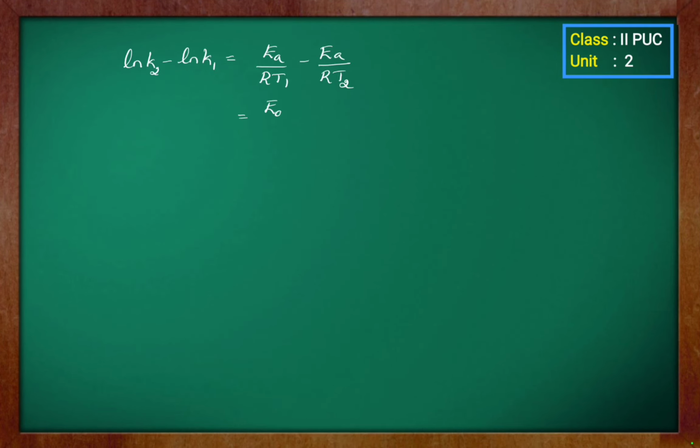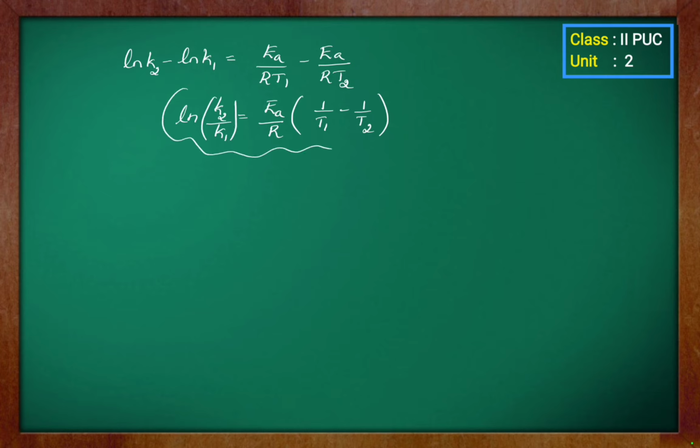On the right hand side, I can take out Ea divided by R as a common term. We are left with 1 by T1 minus 1 by T2. And on the left hand side, I can write this using laws of exponents as ln k2 divided by k1. So this is equal to Ea divided by R into 1 by T1 minus 1 by T2.